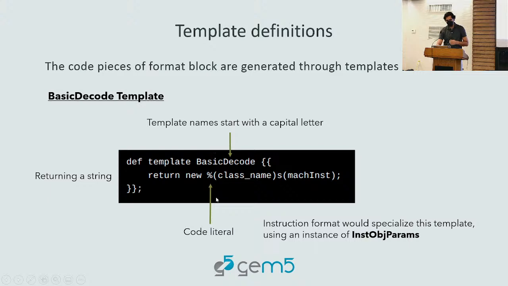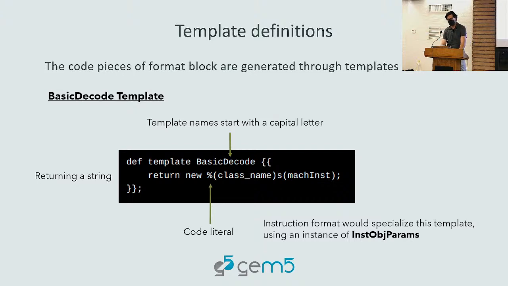So really, in this template, we are specializing the template, and it's really used to return a string, nothing else. It's nothing complicated or magic. It's just some string, which is hopefully the C++ code that we want in our C++ files.